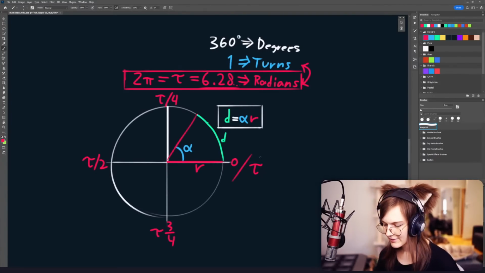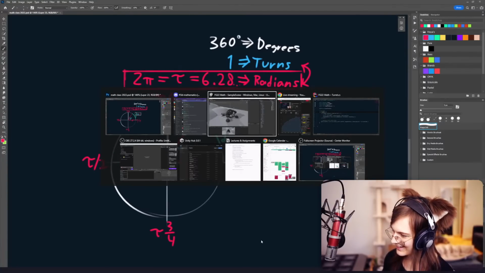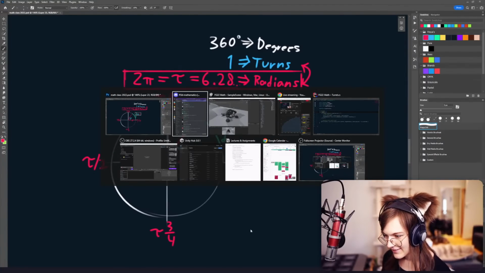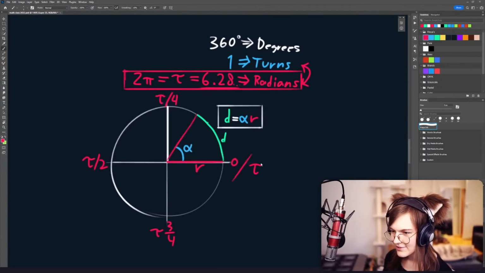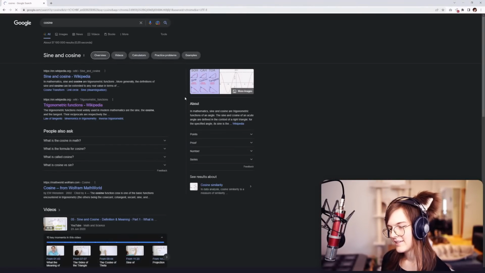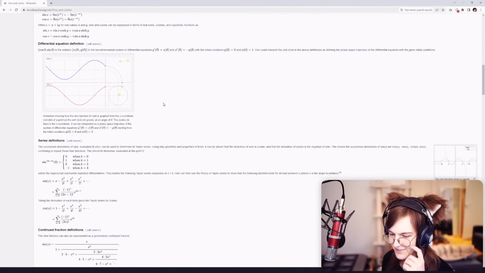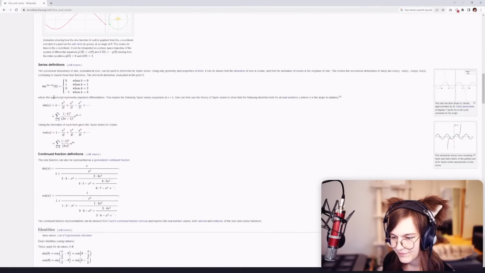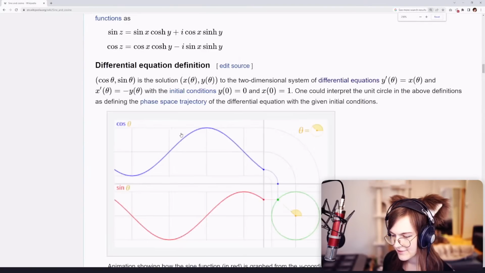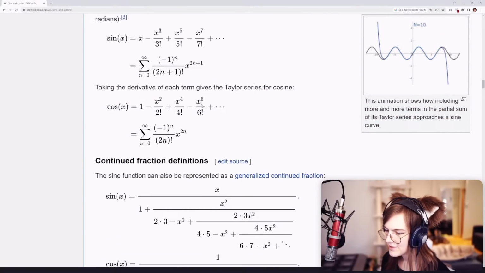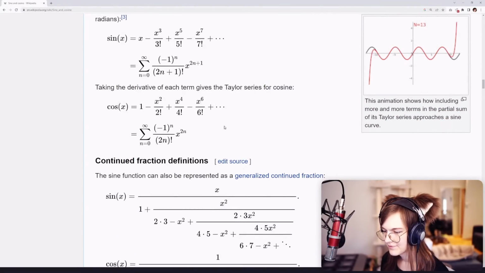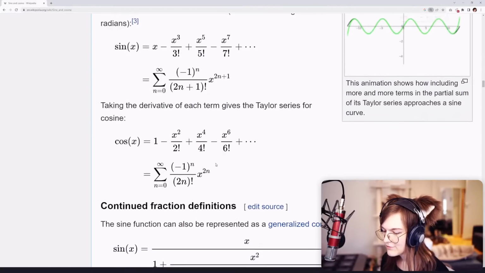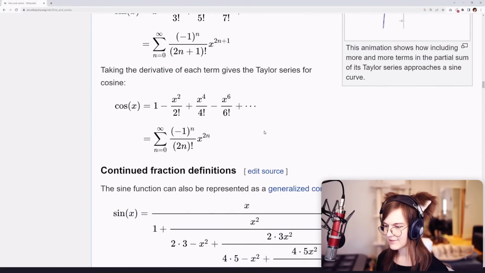How do you calculate the trig function? That's complicated. In practice, most computers will use lookup tables and approximations. Those are complicated. I'm sure there's a Taylor expansion somewhere. Yeah, here's the Taylor series for the cosine. If you calculate this formula with an infinite number of terms, that is the cosine function.